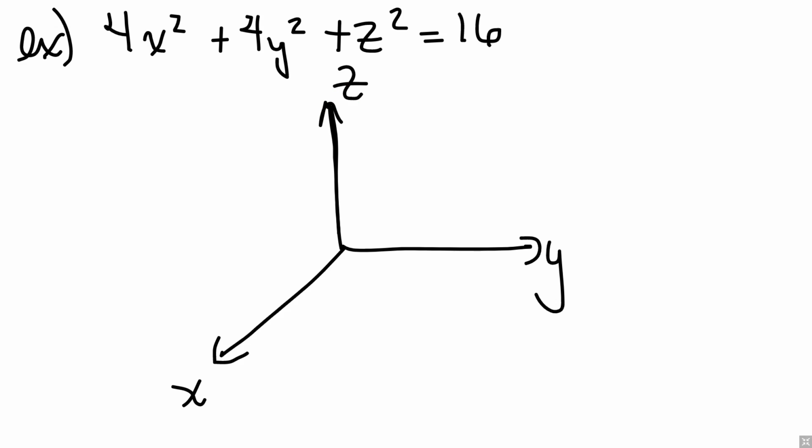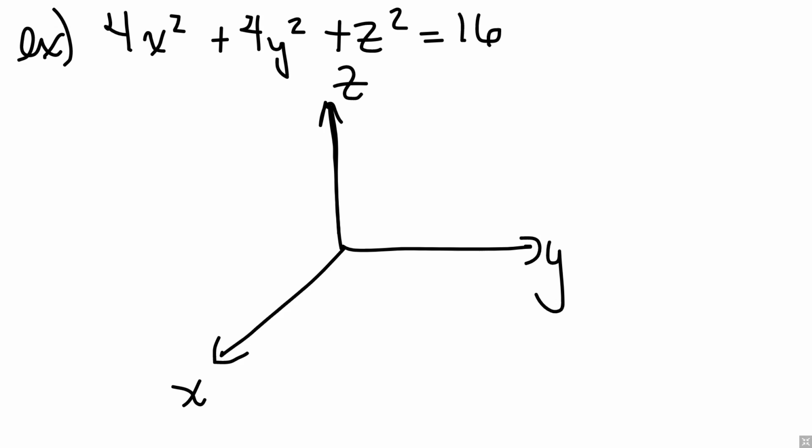What I'm going to do first is take a look at the restriction on z. I'm going to start off by letting x and y both be 0.